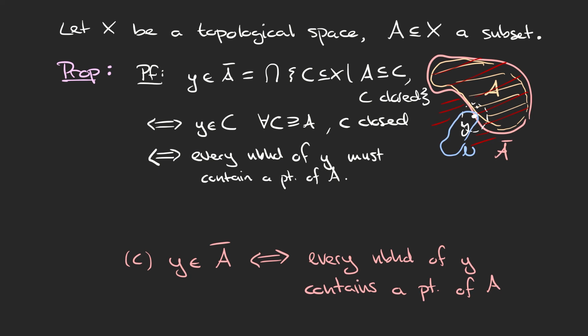Moreover, because the original closed set contains A, the complement, so this neighborhood of y, would be disjoint from A. But this contradicts our assumption that every neighborhood of y must contain a point of A. Hence, we've shown this equivalence, and in total, we've shown that y is in the closure if and only if every neighborhood of y contains a point of A.